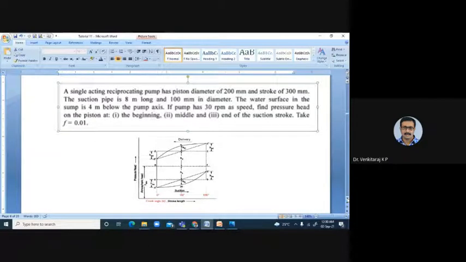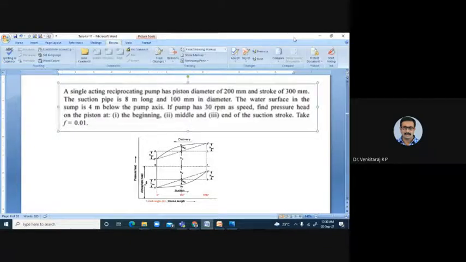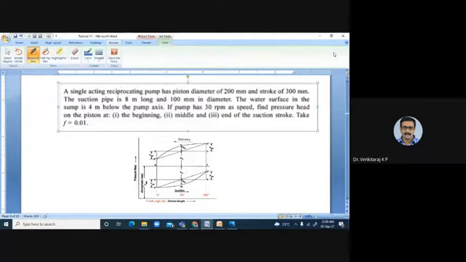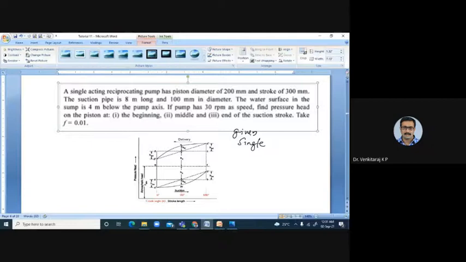So in the present problem, first of all, let us write down the given data. We have a single acting pump.